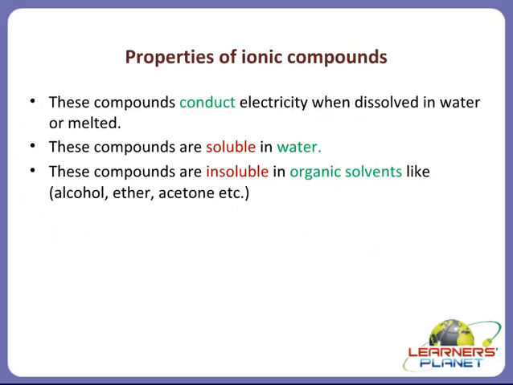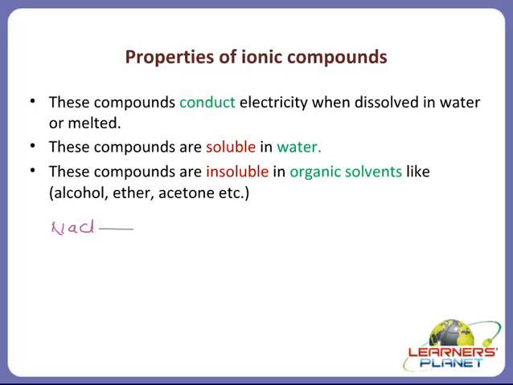Okay, so there are few more properties of ionic compounds, that is, these compounds conduct electricity when dissolved in water or melted. Okay, so the ionic compounds, what they will give in water, like your NaCl, what it will give out in water? It will give out ions in water.